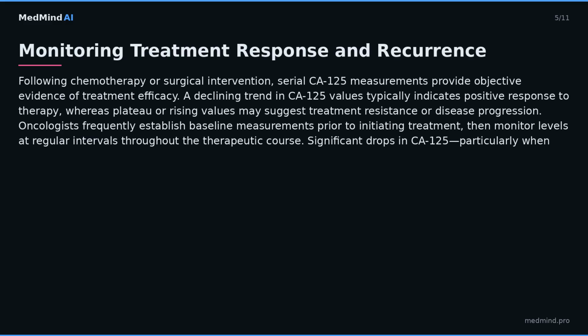Monitoring treatment response and recurrence. Following chemotherapy or surgical intervention, serial CA-125 measurements provide objective evidence of treatment efficacy. A declining trend in CA-125 values typically indicates positive response to therapy, whereas plateau or rising values may suggest treatment resistance or disease progression.